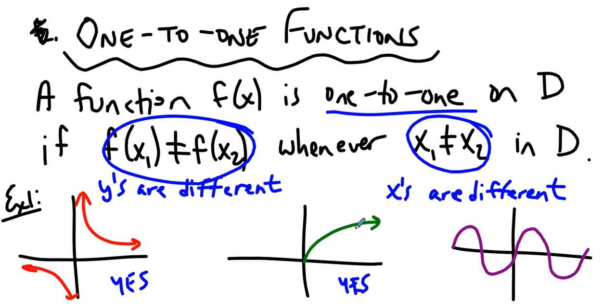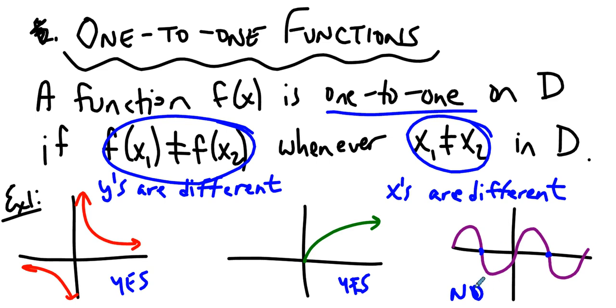Every time two x's are different, the y's are different. This function, the purple function, is not one-to-one. How do we know? Because these are two different x values with the same y value. And because these are two different x values with the same y value, this function is not one-to-one.